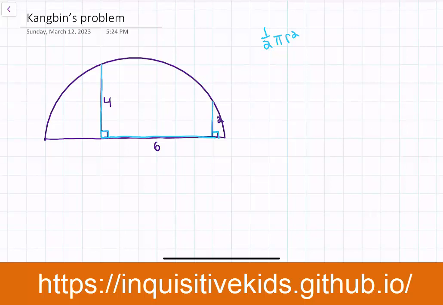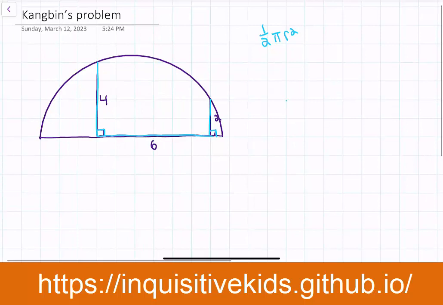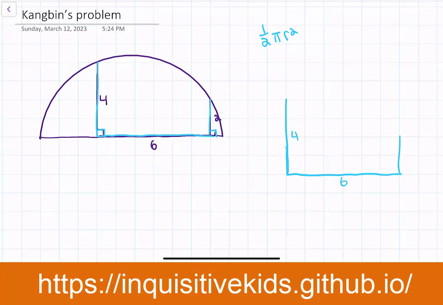So let's redraw this diagram, but this time we're going to ignore the circle part of it. We're only going to draw these 3 line segments. Here we have the 4, the 6, and the 2. And we know that, for example, these 2 points have to be on the circumference or the outer edge of this circle.